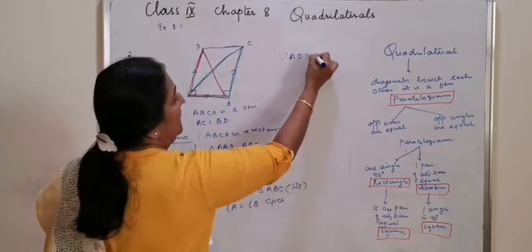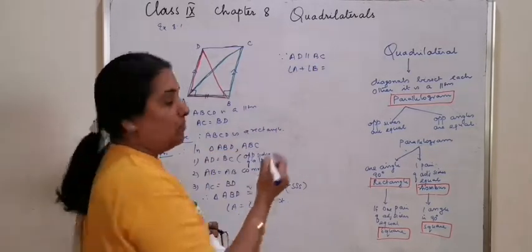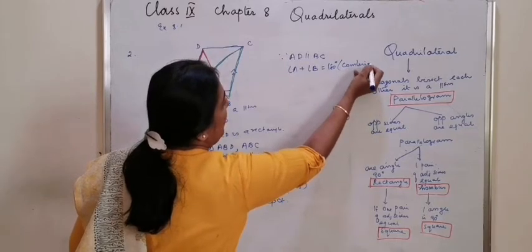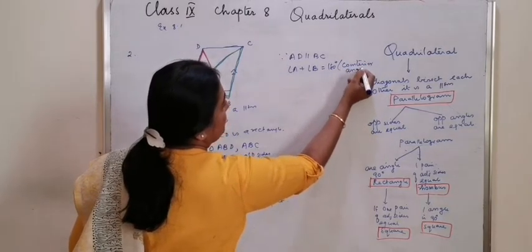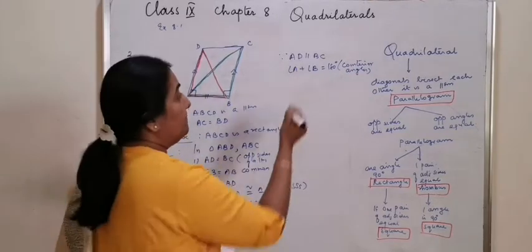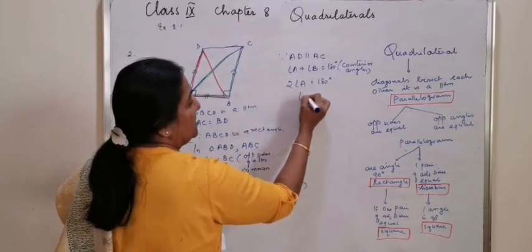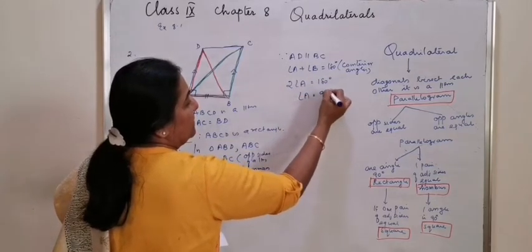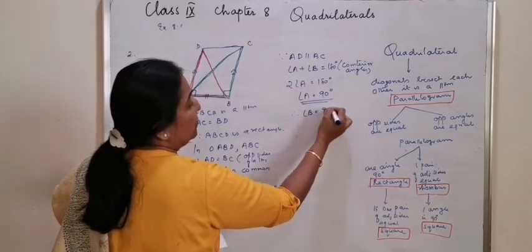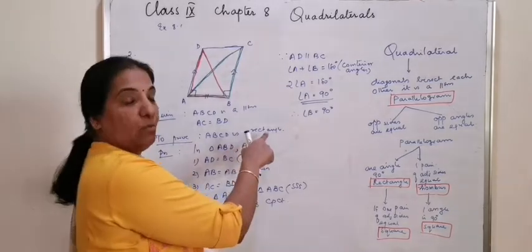Since AD parallel to BC, angle A plus angle B is equal to 180 degrees, co-interior angles. Both angle A and angle B are equal. So twice angle A is equal to 180, or angle A is equal to 90 degrees. Therefore, angle B is also 90 degrees, but we need to prove only one angle.